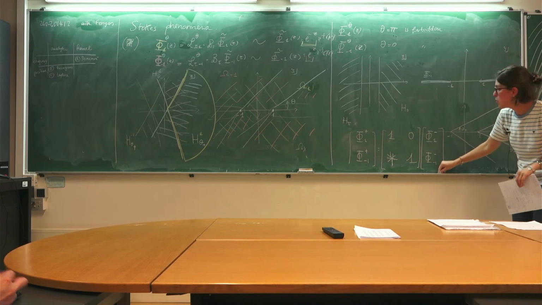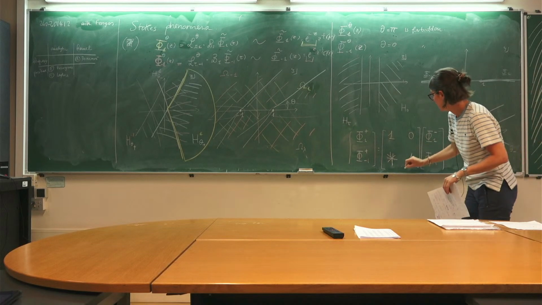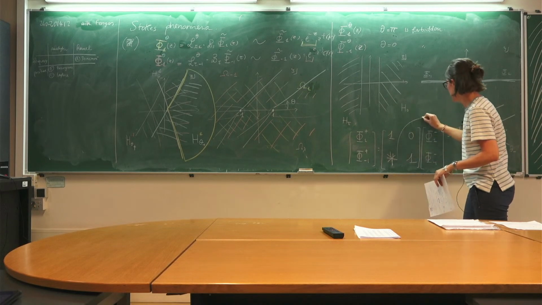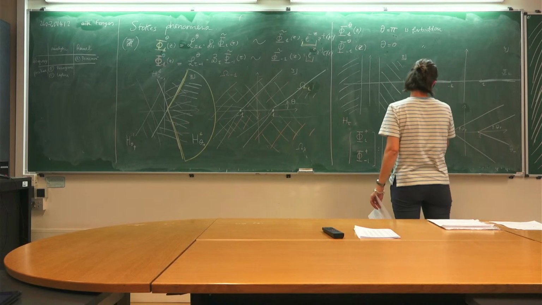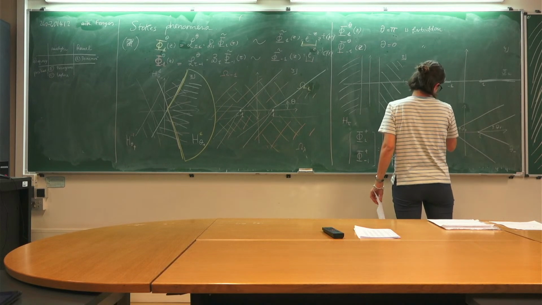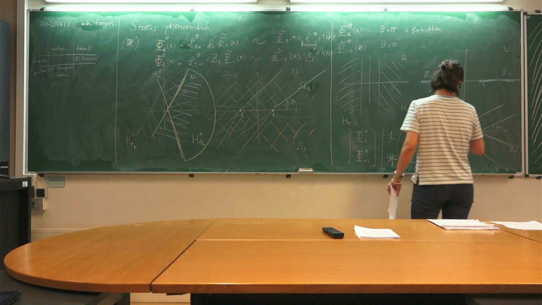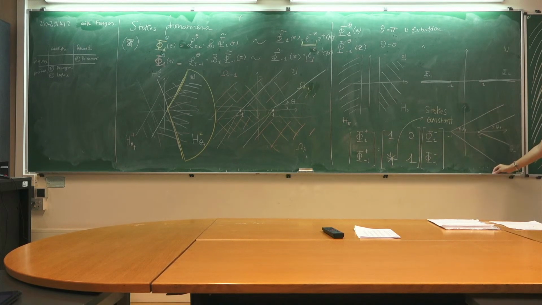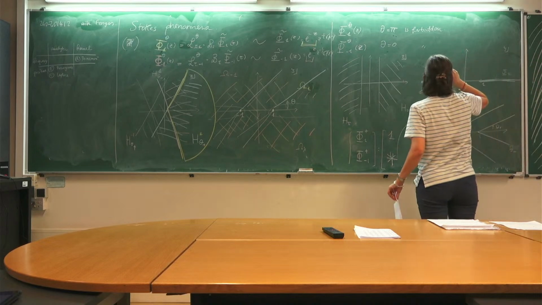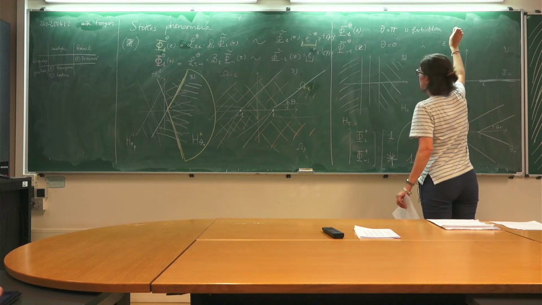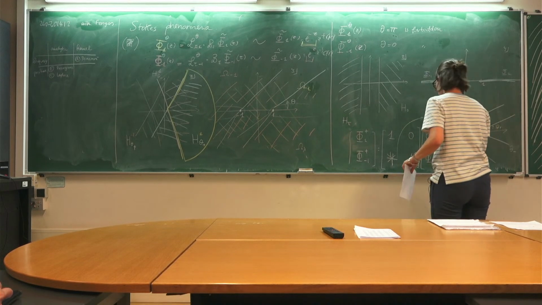So this contribution here is what is called a Stokes constant. And the direction theta equal to 0, so for z, maybe I can draw it there.